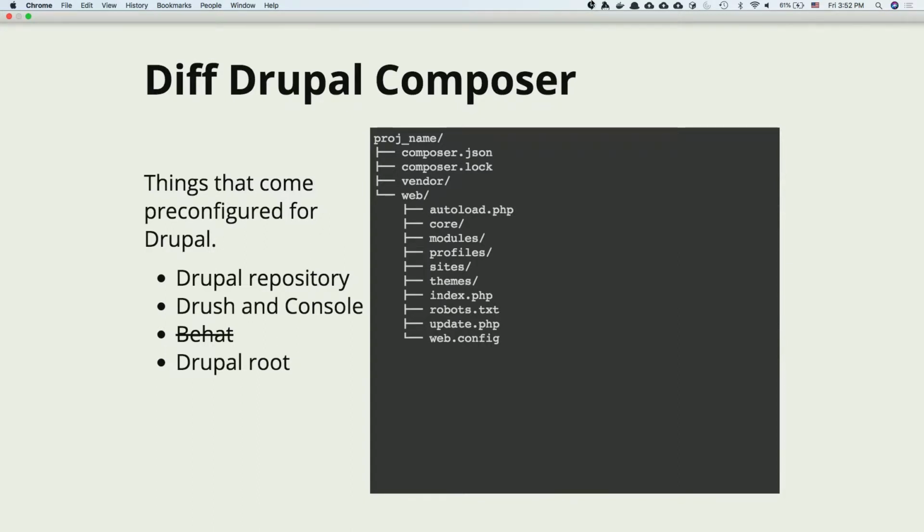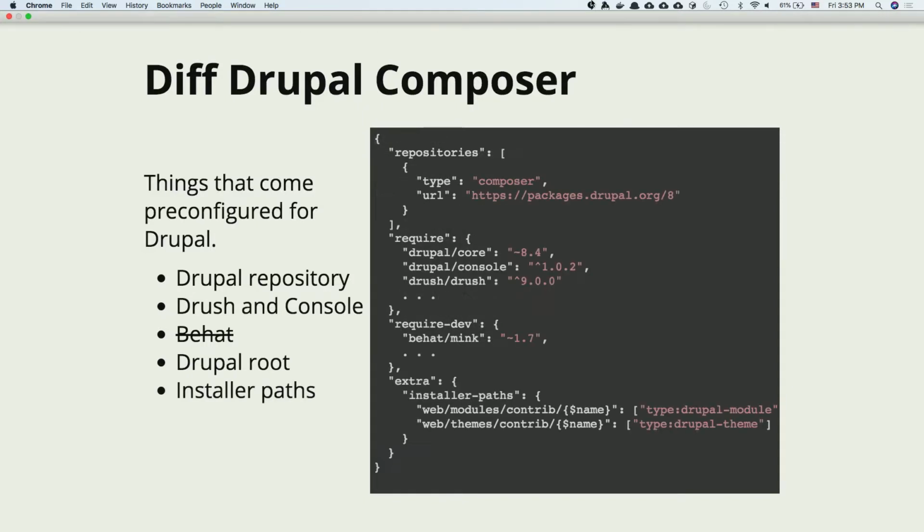So where is Drupal root, and how does this folder structure work? Well, the Drupal Composer configuration tells the system to use web as the Drupal root, or your web root for your project. So that's a subdirectory where it will put all of the Drupal files. And you still have your vendor directory. So if you're requiring any projects that are not Drupal contrib modules, they will go in the vendor directory.